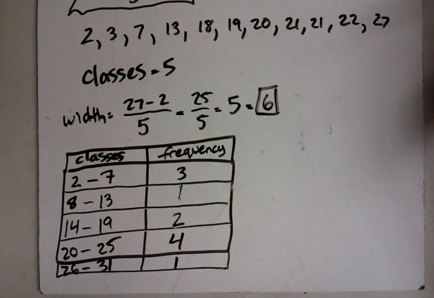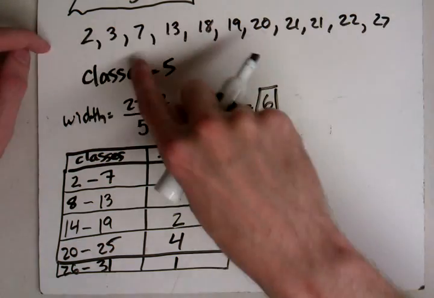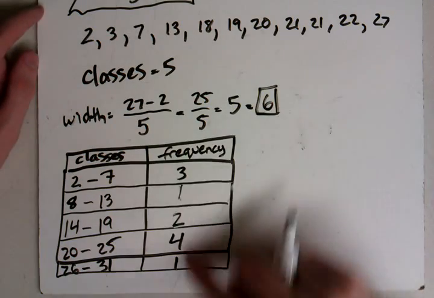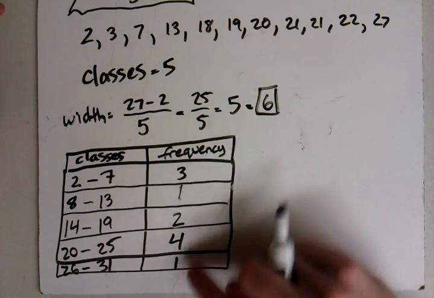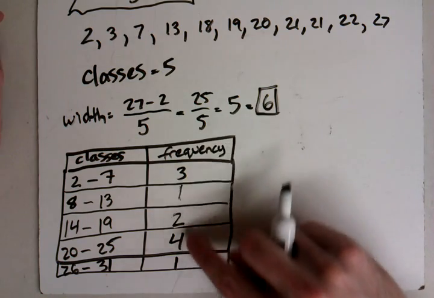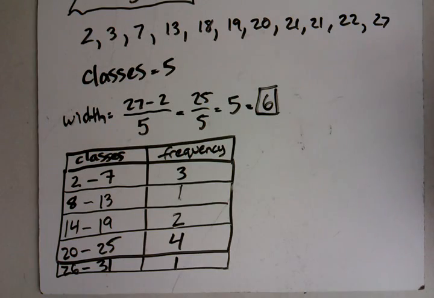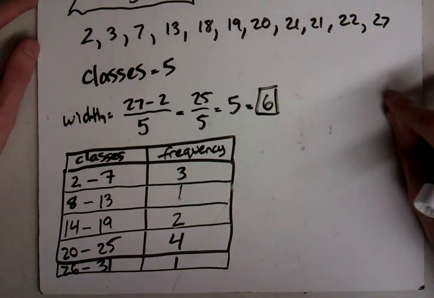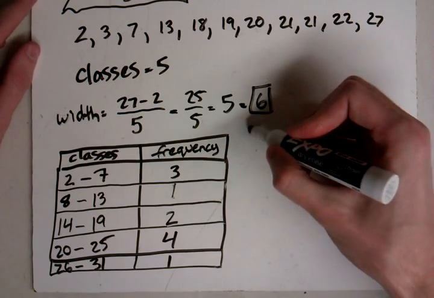A quick check is to count how many numbers your data set had, and match that up to the frequency tallies you have. If you add up all the frequencies here, it should be the same as the number of data values. I'm going to assume that I didn't make any silly mistakes, and mine is correct.